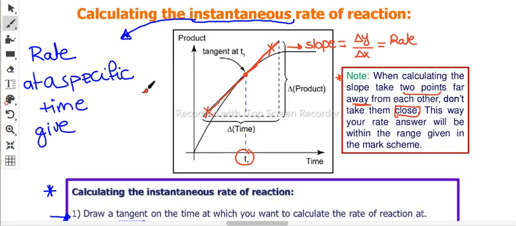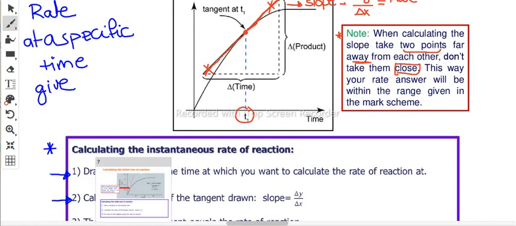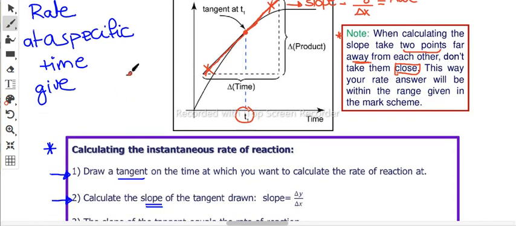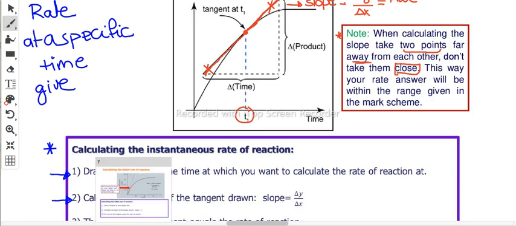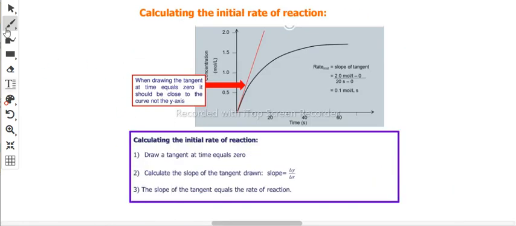Inside the past paper, when they ask you about determining the instantaneous rate, the final answer is given within a range. So if you are within this range, you're going to get a correct and accepted answer. In order to make sure that you have more accurate calculations, take the 2 points as far as possible from each other.